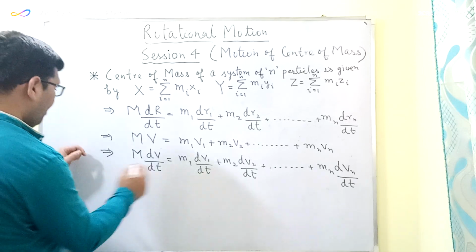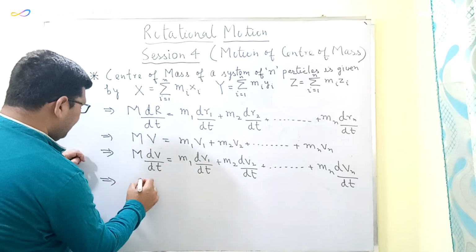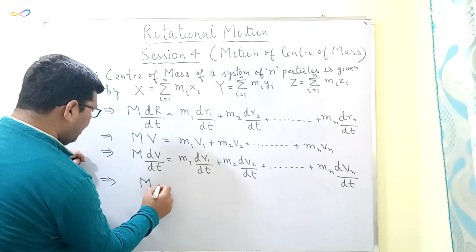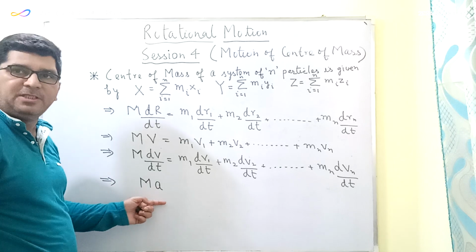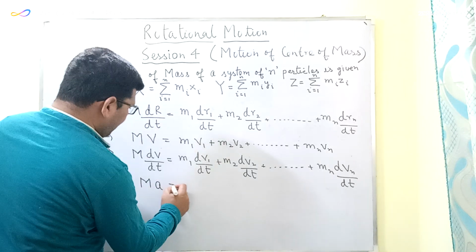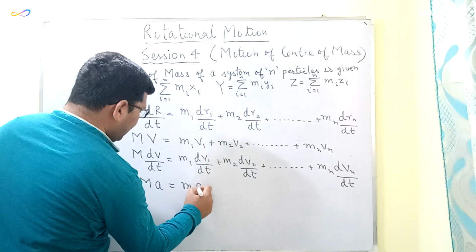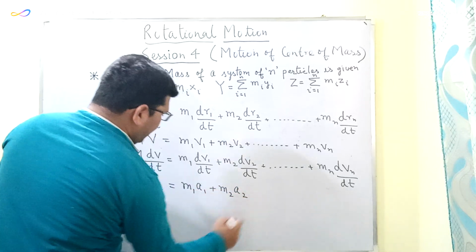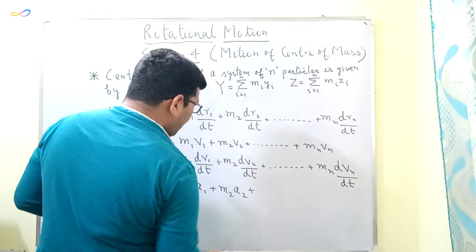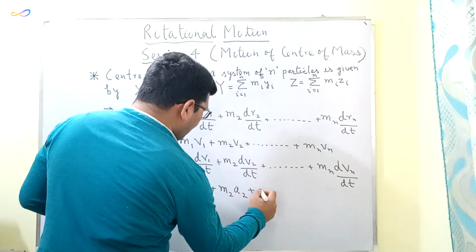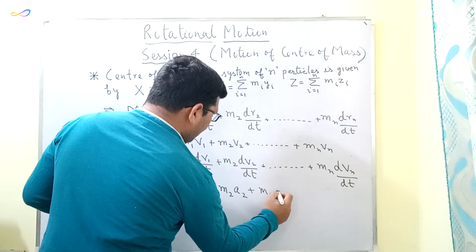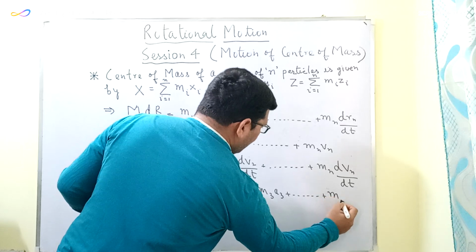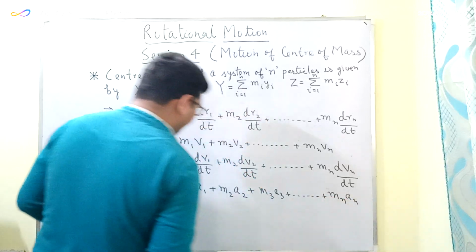So from this equation I can write M into, now dv upon dt is the acceleration of the center of mass, equal to m1 a1 plus m2 a2 plus m3 a3 and so on, plus mn an.